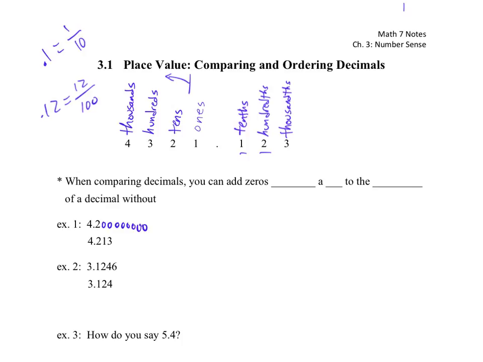But as long as you're to the right of a decimal point, you can add zeros at the end of a number. So in comparing decimals, you can add zeros after a number to the right of a decimal without changing the number. But that only works to the right of a decimal.